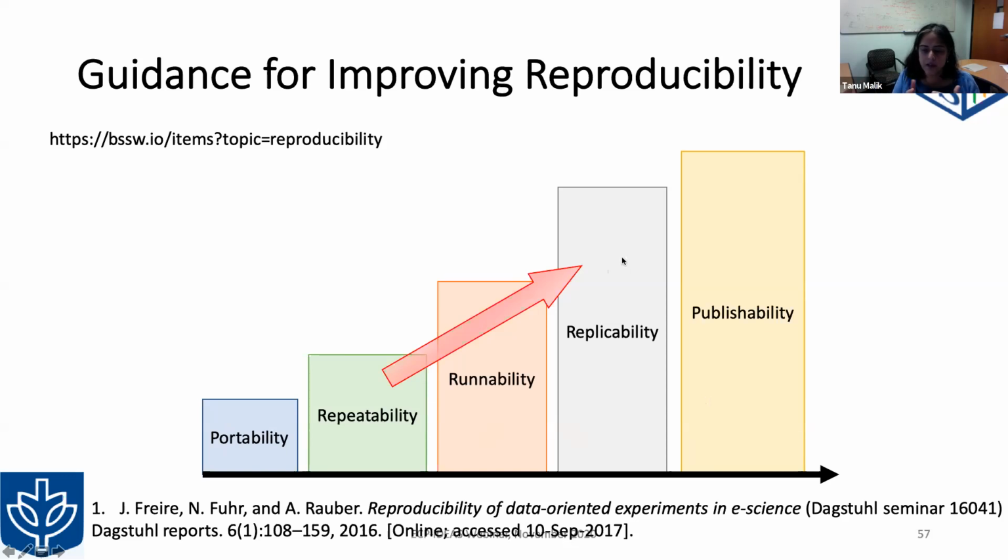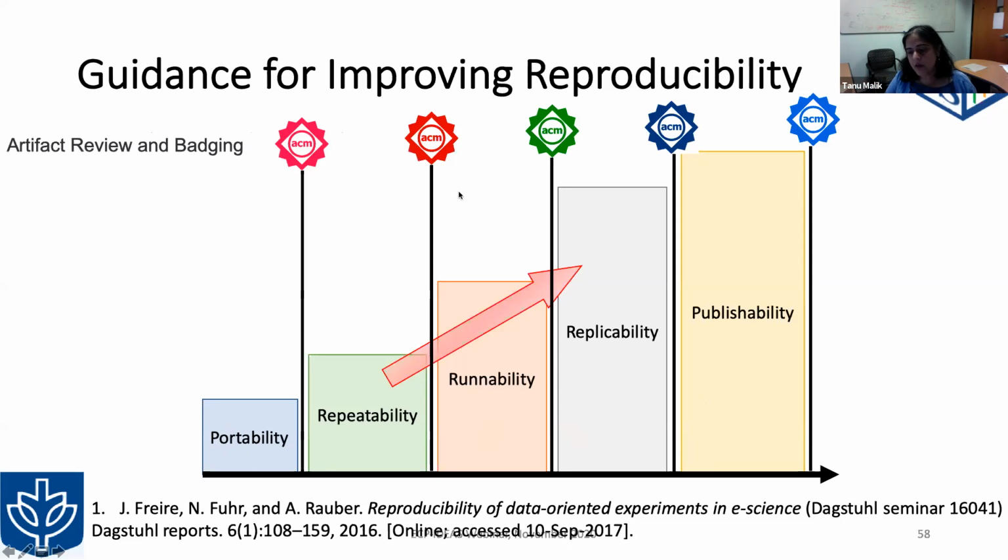So it cannot be said that reproducibility is only one thing. No, it's at multiple levels. And we require guarantees for this process at these different levels. It cannot be that we just say that an application is reproducible and that's it.